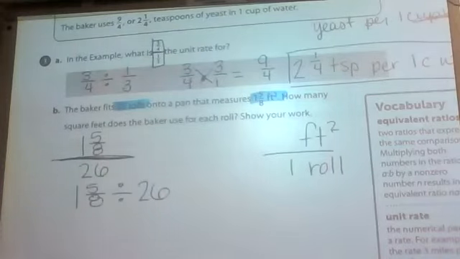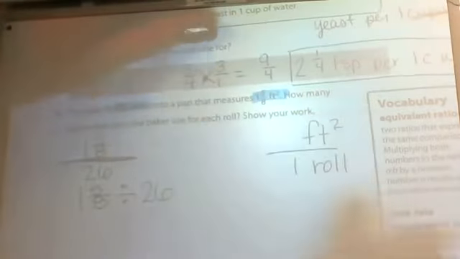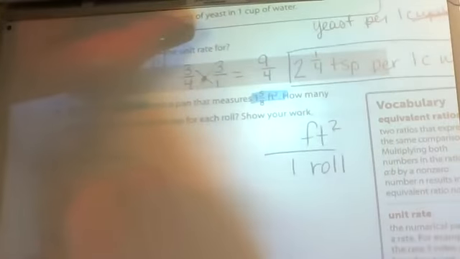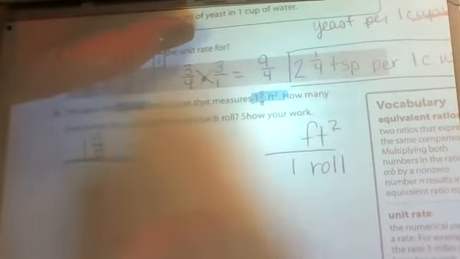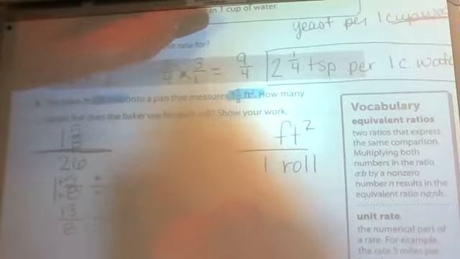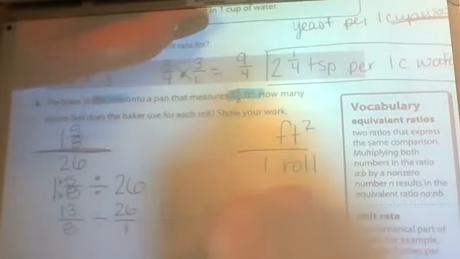Now, if you don't have a calculator, or if you've forgotten how to use your calculator, then you're going to have to go old school. So you're going to change this to an improper fraction. That becomes 13/8 divided by 26/1. Keep, change, flip.